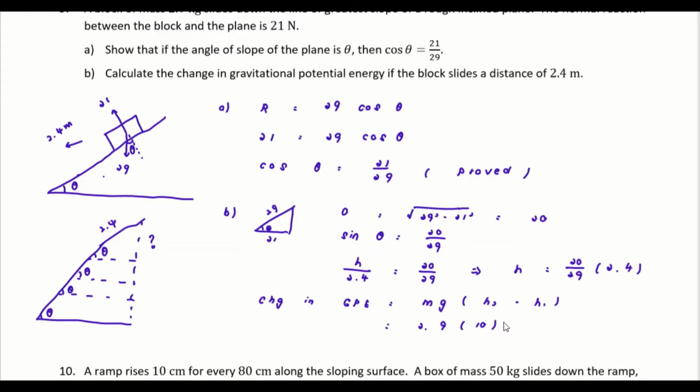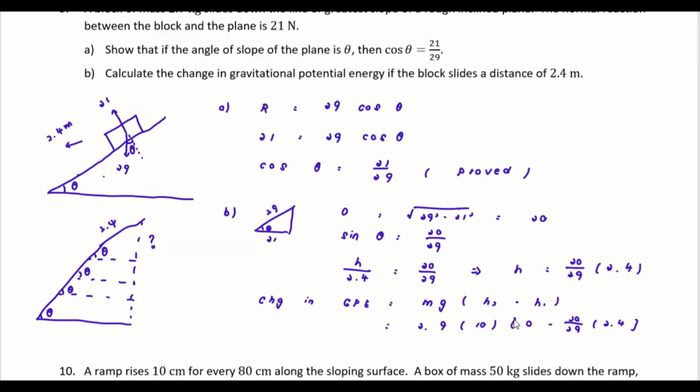Let's try to put the final position at the base level, so that's 0. So the h is what we have here. So we just substitute the whole thing, 20 over 29 times 2.4.